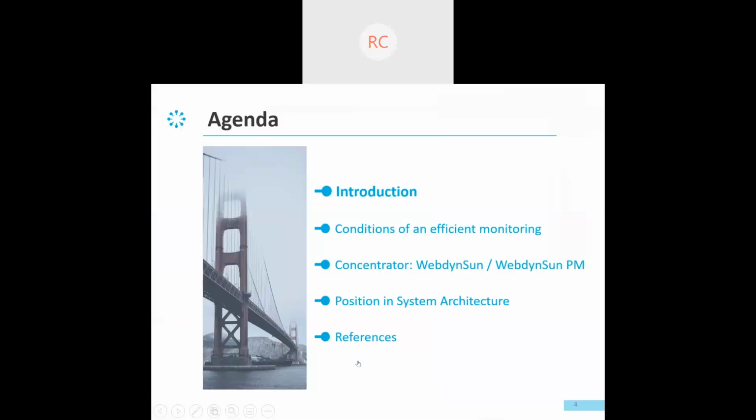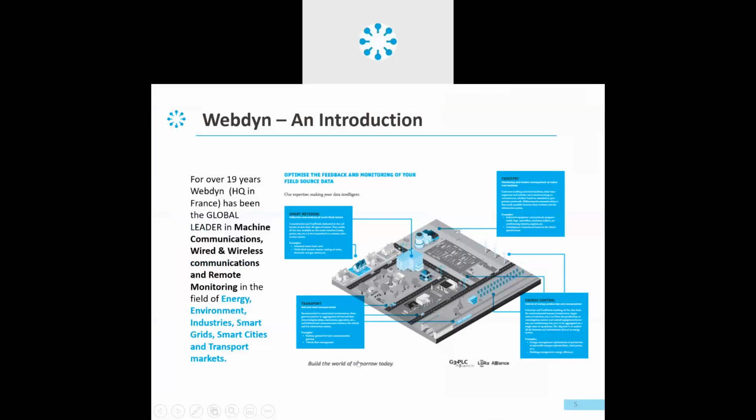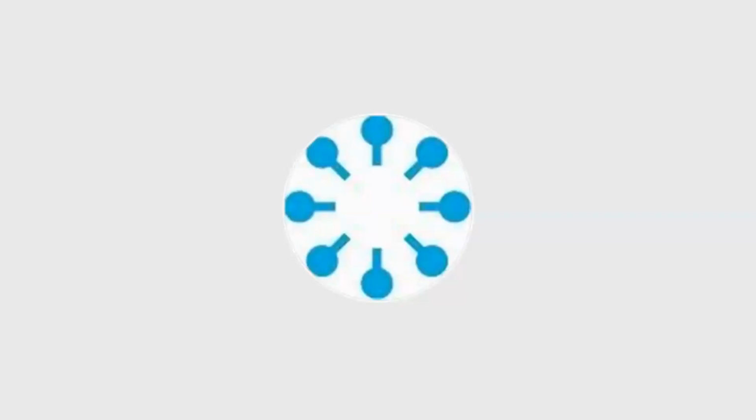So as you have seen in the small slide in the introduction, just to introduce you verbally as well, Webdyn is a company initiated in the year 2000, and it's been over 19 years now that we have been in the field of machine communications for various sectors, namely energy, industry, smart metering, transport, smart grid, and smart cities.